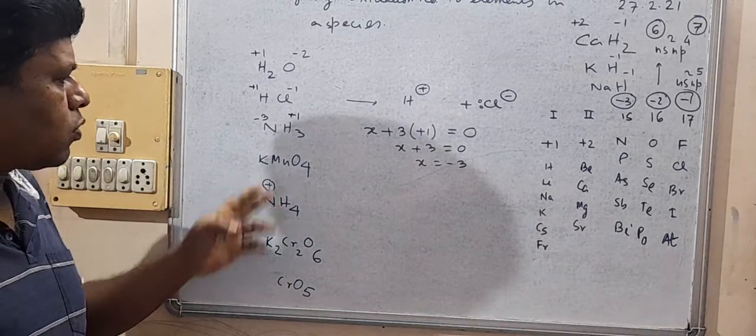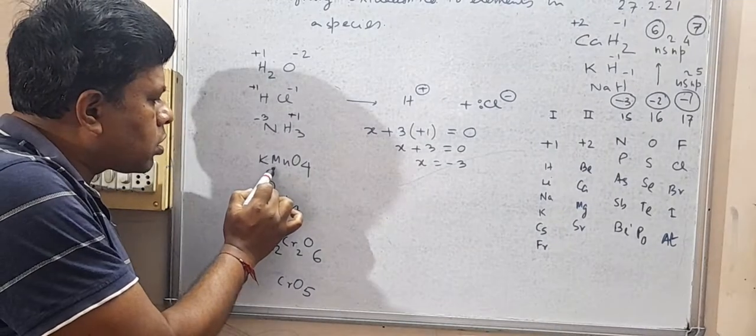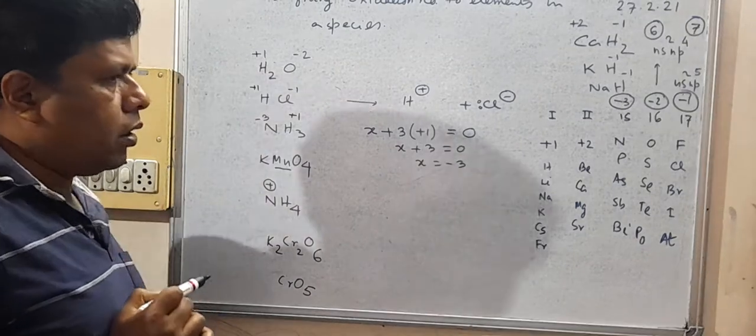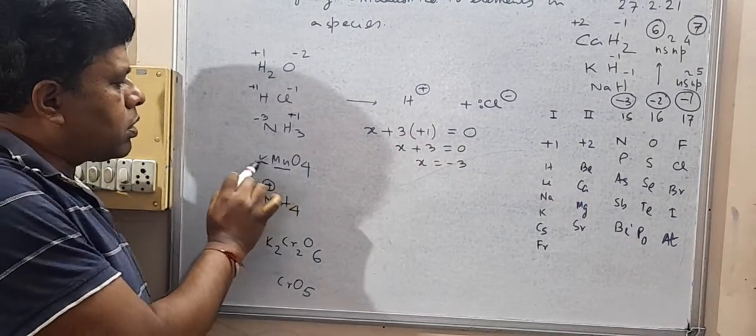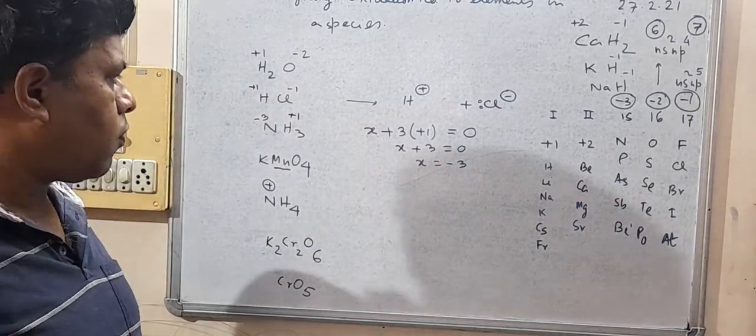So let us find out. Suppose you may get a question: calculate the oxidation number of the underlined element. Suppose here Mn is underlined, so you are asked to calculate the oxidation number of Mn.